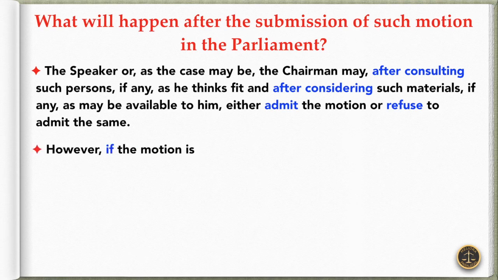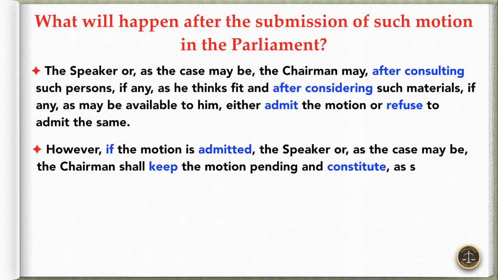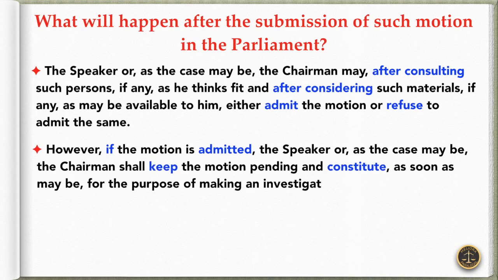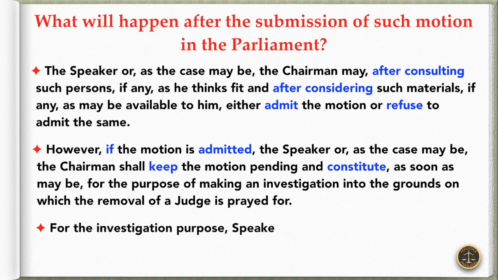However, if the motion is admitted, the Speaker or, as the case may be, the chairman shall keep the motion pending and constitute a committee as soon as may be for the purpose of making an investigation into the grounds on which the removal of a judge is prayed for.